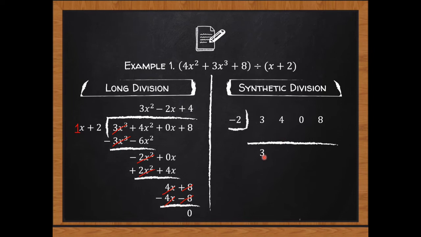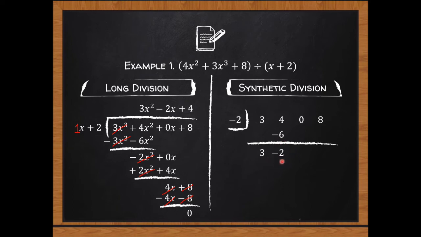So that would be 3 times negative 2 is equal to negative 6. Now, after multiplying, i-add natin yung dalawa. So 4 plus negative 6, and the answer is negative 2.